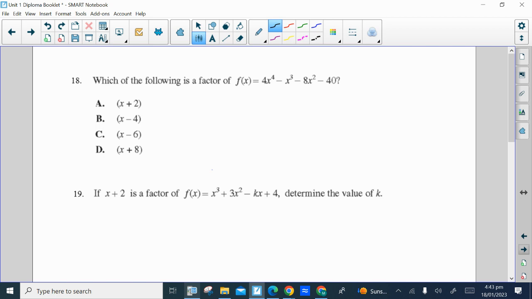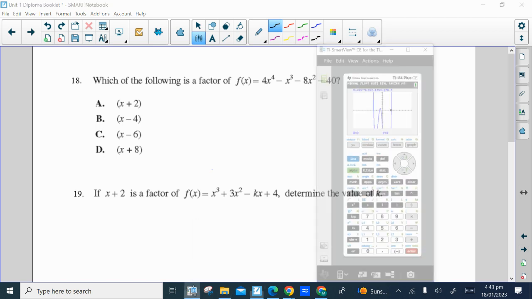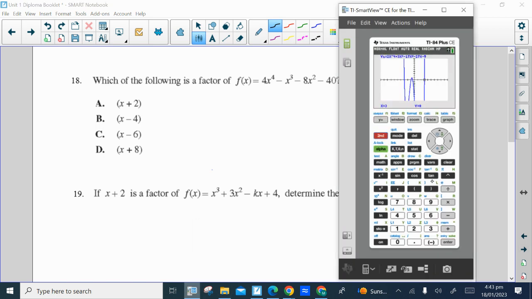Which of the following is a factor of that? Well, because it's a multiple choice question, you don't actually have to physically factor that. You can put the equation into your calculator and check that way.